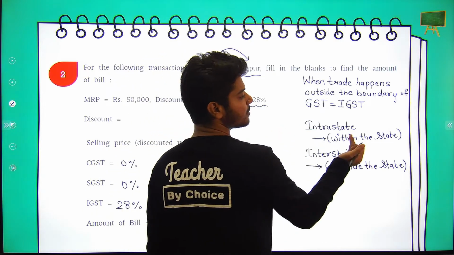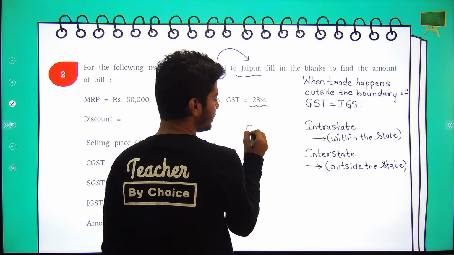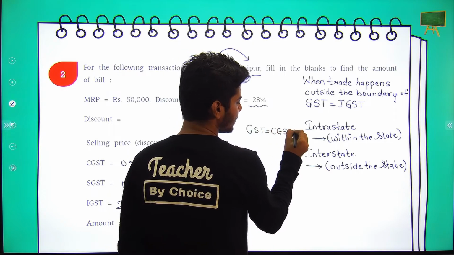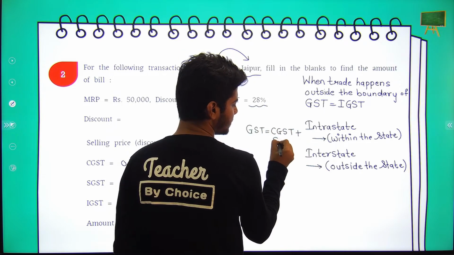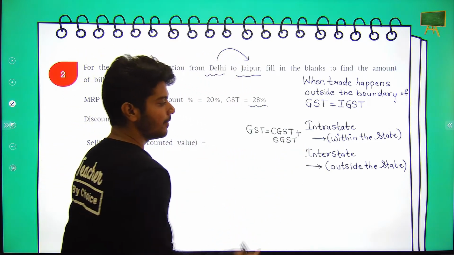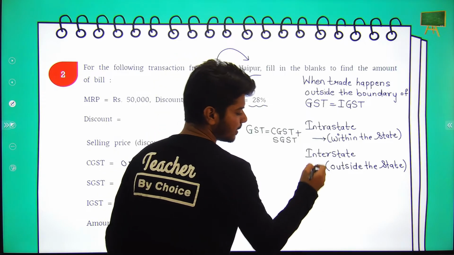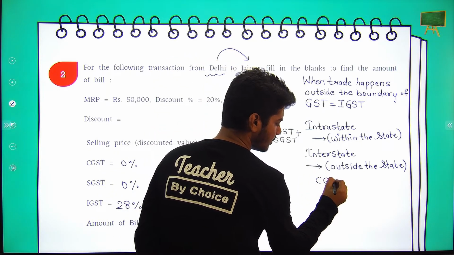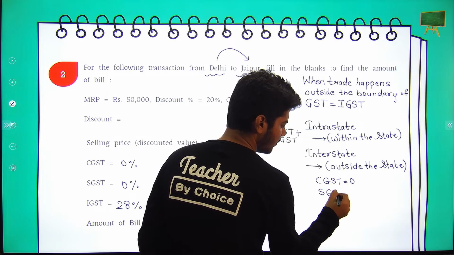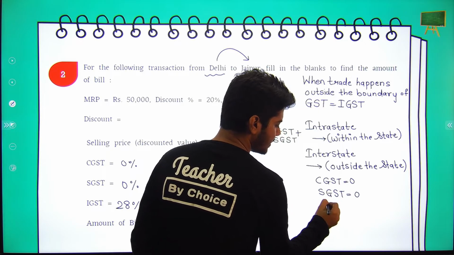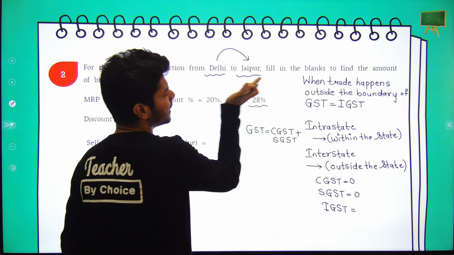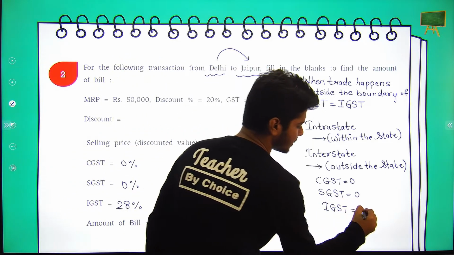Whenever a trade happens within the state, GST will be equal to CGST plus SGST. This is for intrastate. Whenever you talk about interstate, CGST will be equal to 0, SGST will be equal to 0, IGST will be equal to the given percentage, which is 28%.